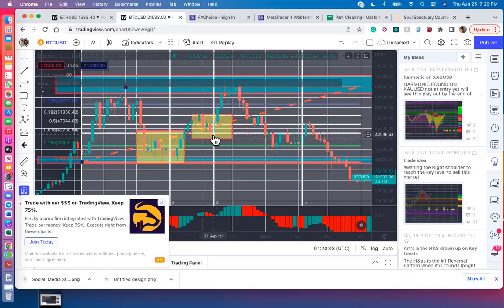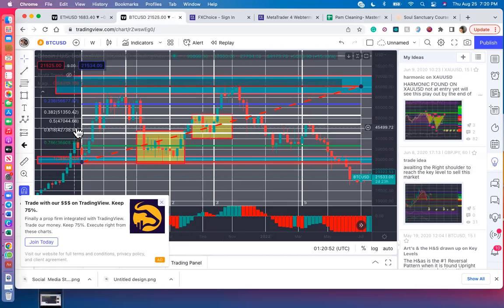Okay, so notice the rejection right here. The body is sitting right on this 618 here, right? And same with this one here. We have time and the number one Fibonacci zone lineup right here, letting us know, let's get into this market, basically, that it was going to continue up after the retest.